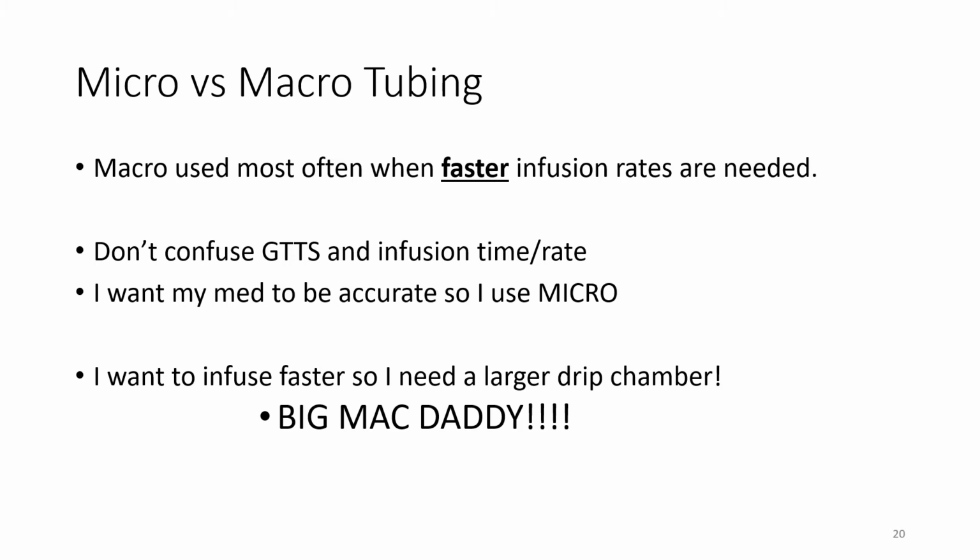And if you can't remember anything else and you want to go faster and larger, just think about that big giant Big Mac Daddy reference. Okay, so Big Mac Daddy is the one that's going to deliver it fast and with that larger tubing.